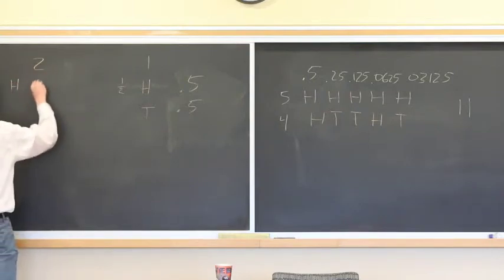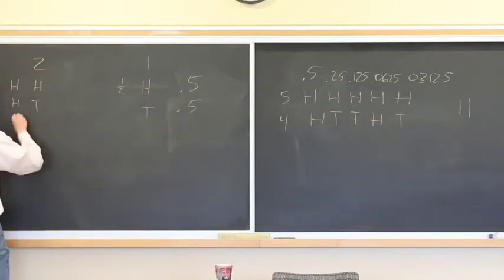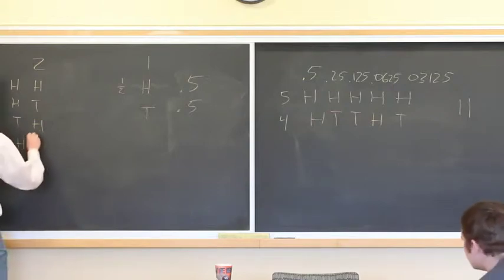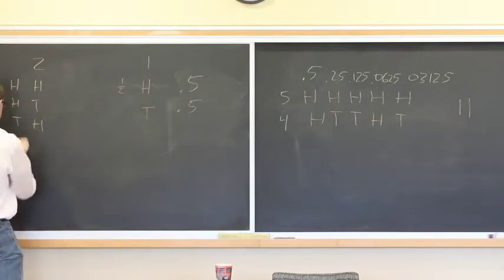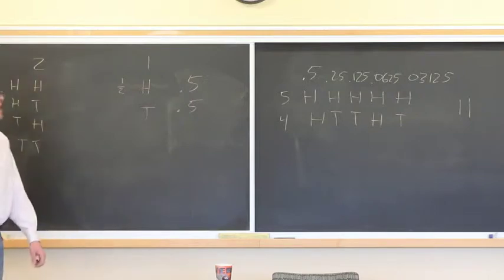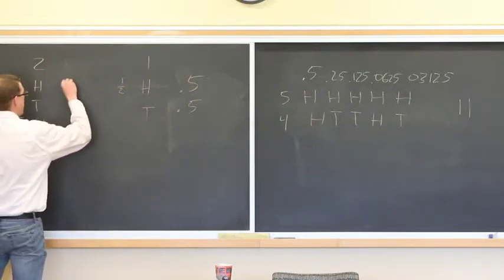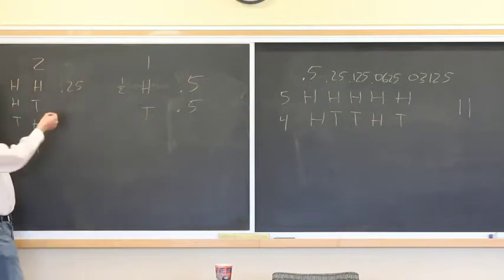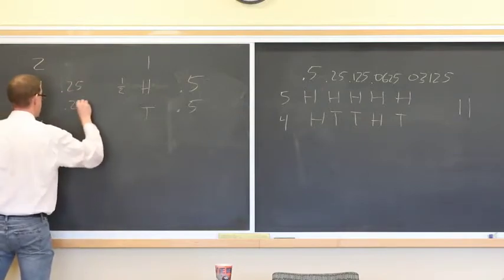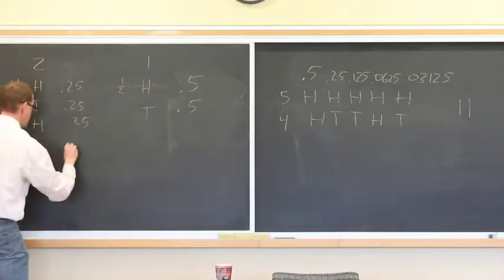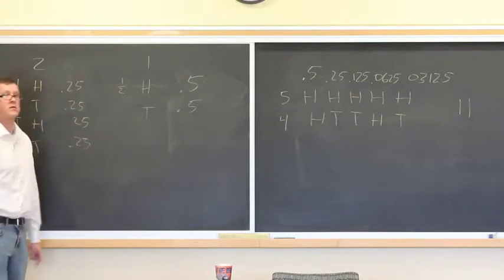We can get a heads and a heads, or a heads and a tails, or a tails and a heads, or a tails and a tails. So we have 4 events. Each one of these events could happen once, so each of these is going to have a 0.25, or 1/4, probability. Does that make sense? Just 1/4.